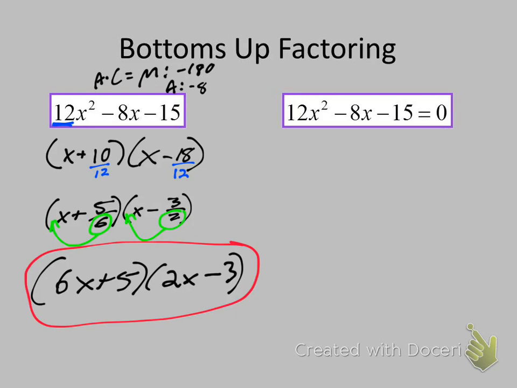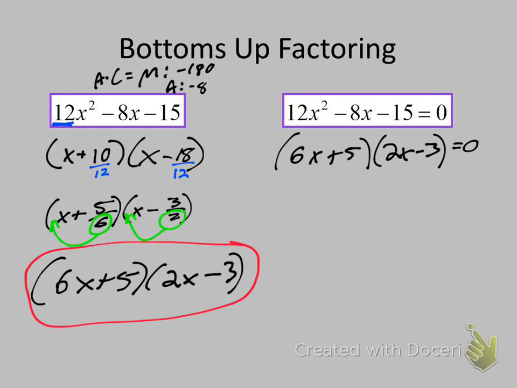Now, notice how the left one is just factor. The right one is an equation where we solve, right? Okay, same exact steps, so I'm going to pick it up from where we left off in the last one. So 6x plus 5 times 2x minus 3 equals 0. You clean this one up the exact same way.